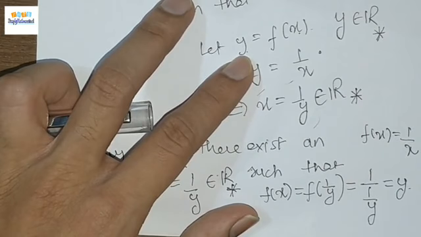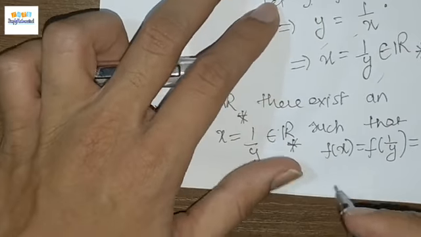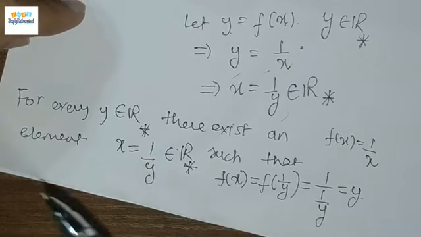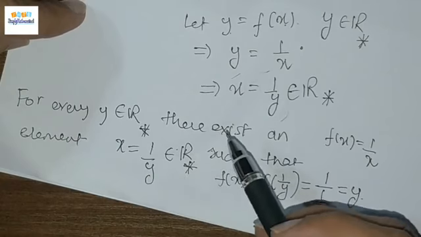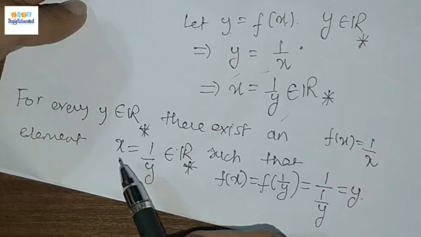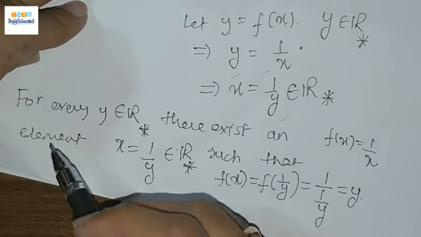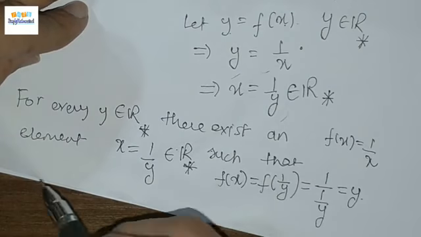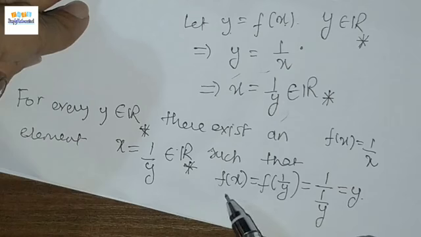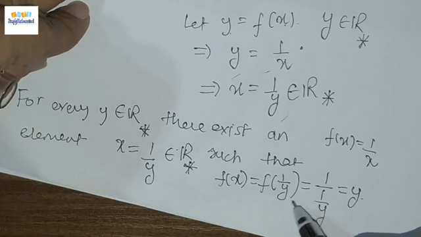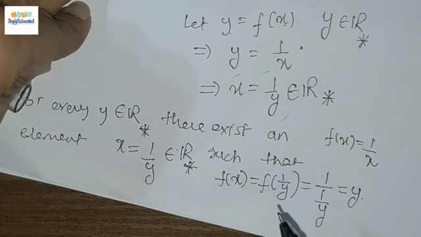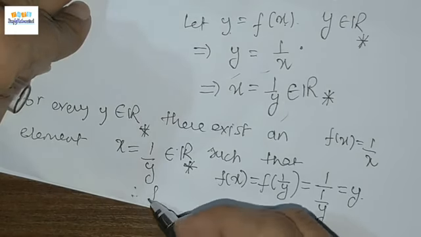So read the statement again: for every y belonging to R star, there exists an element x equal to 1 by y belonging to R star, such that f(x) is equal to f of 1 by y, which is equal to y. So therefore f is onto.